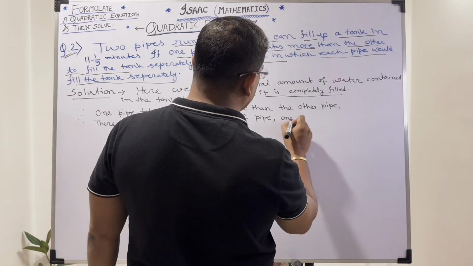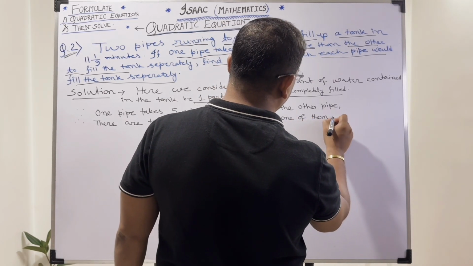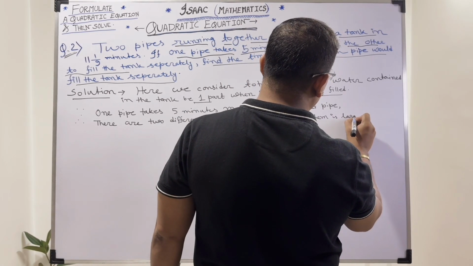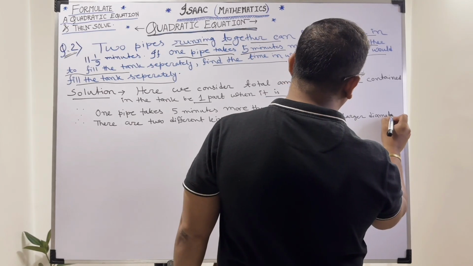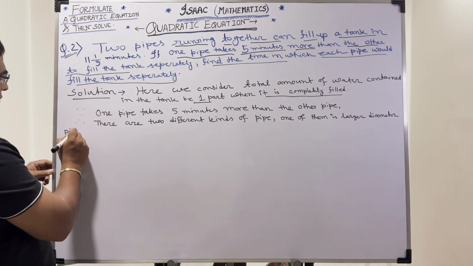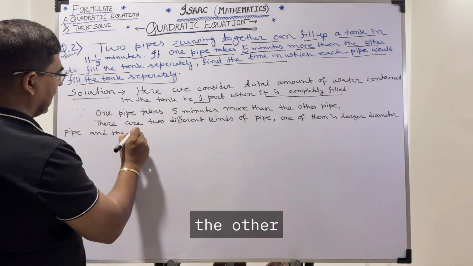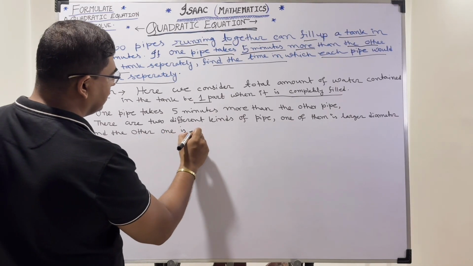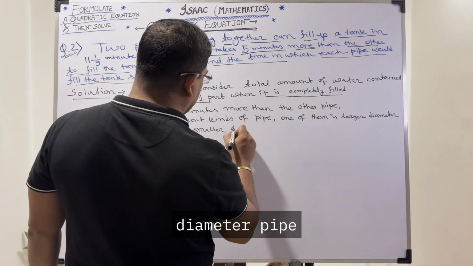One of them is a larger diameter pipe and the other one is a smaller diameter pipe.